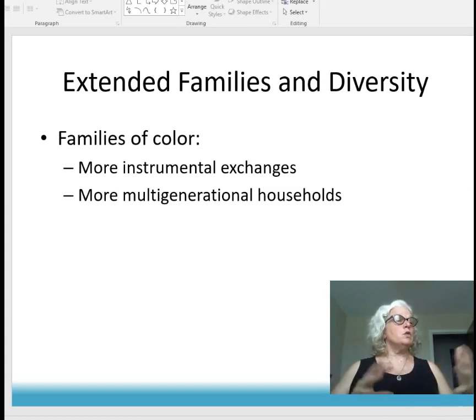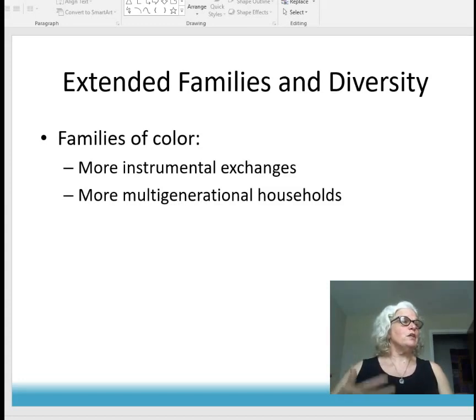When we bring those cultures to this country, we can see that it changes how we look at this picture of extended family. Distance makes a difference, doesn't it? The more we move away from family, the more we're into that nuclear position, as so often happens in our society, especially when people have to move for jobs.